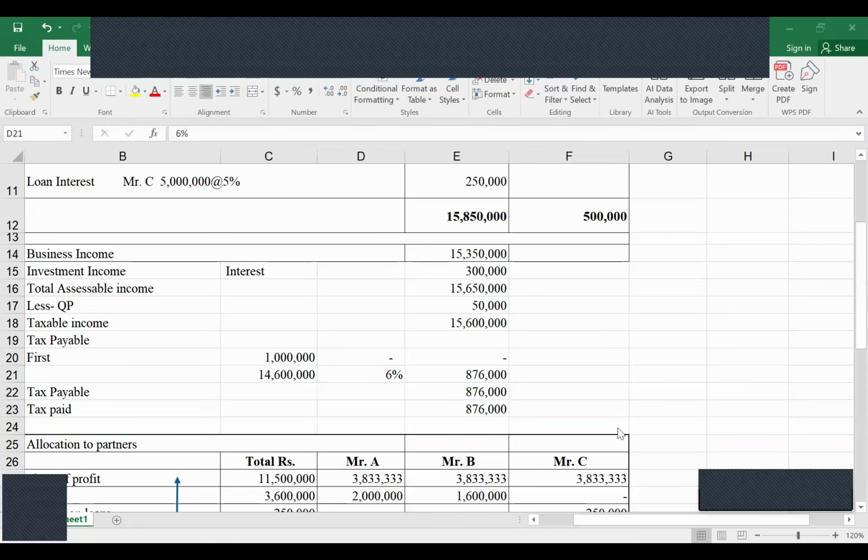It is 6%. So I assume that this tax is paid by the partnership. Now I have calculated the tax liability of the partnership.